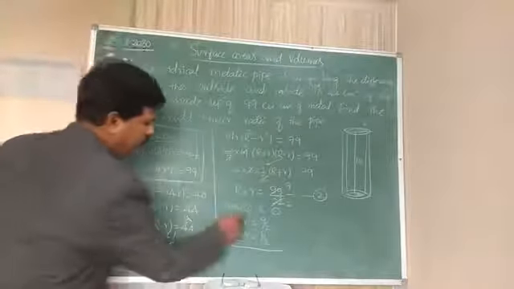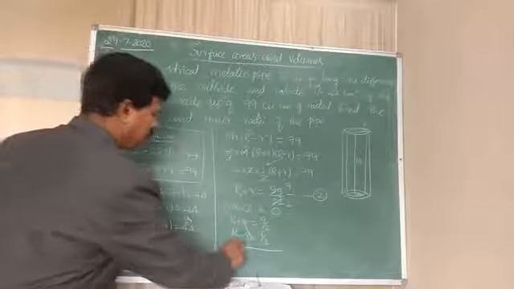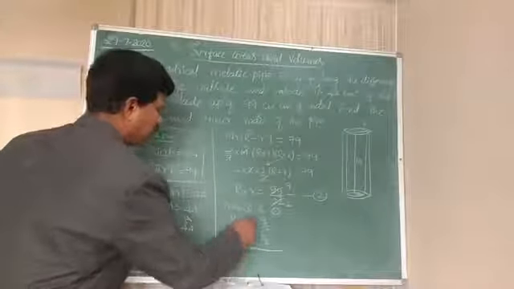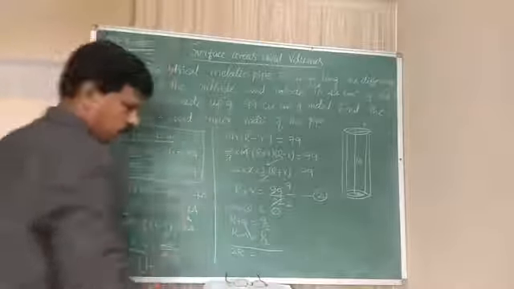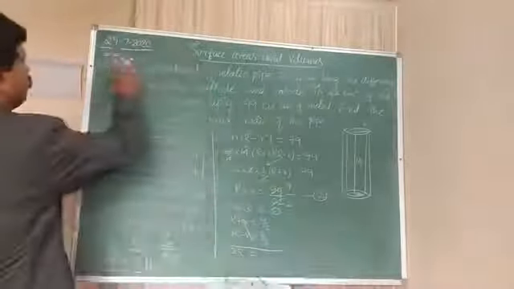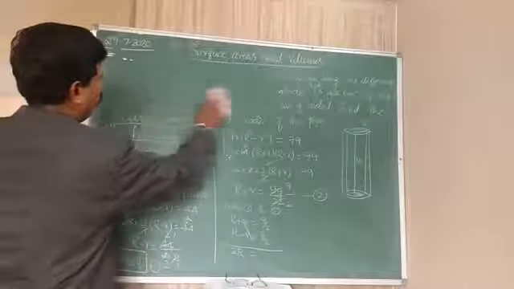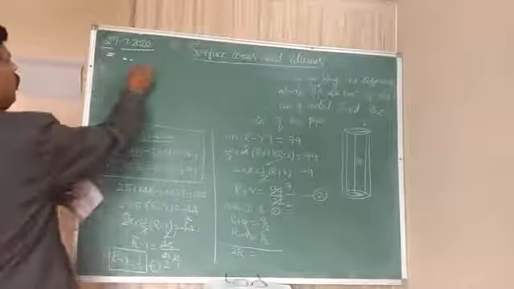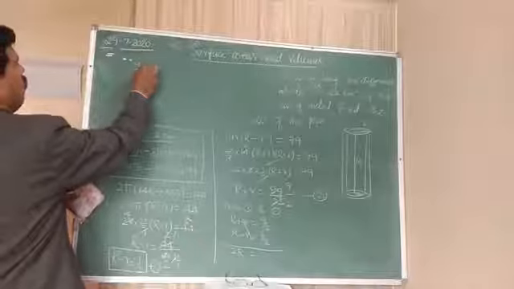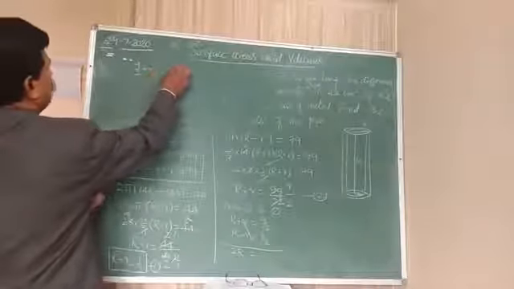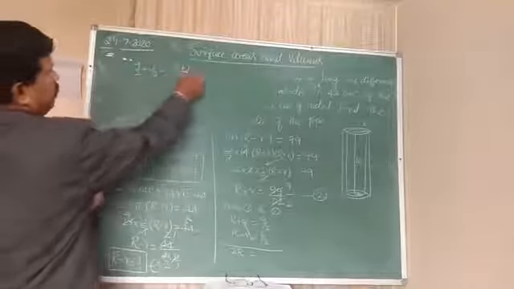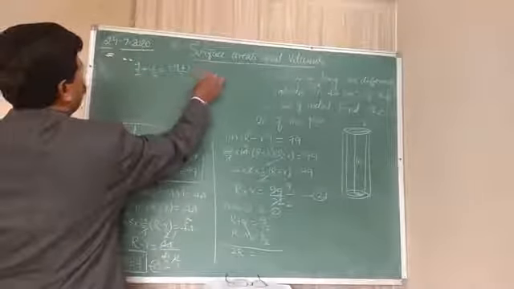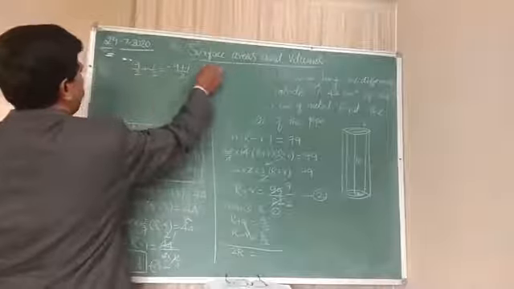So when you add the equations, it becomes 2R equals, you are adding 9 by 2 and 1 by 2. 9 by 2 plus 1 by 2 is equal to 9 plus 1 by 2. Taking LCM, this is 10 by 2, which is 5.